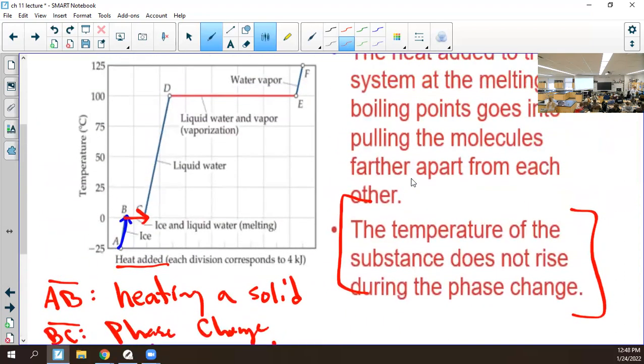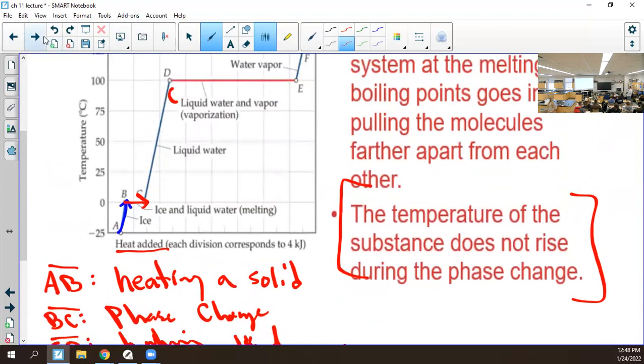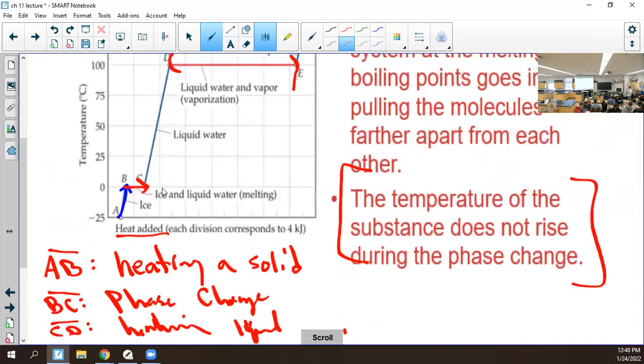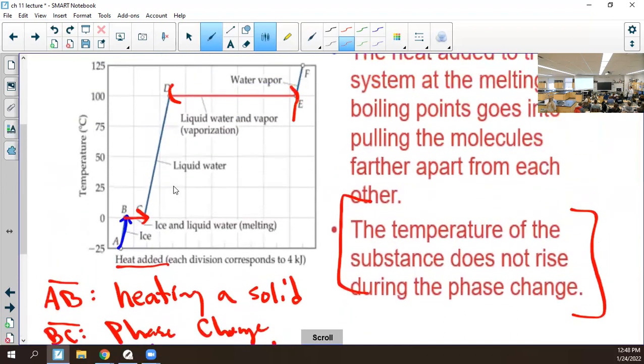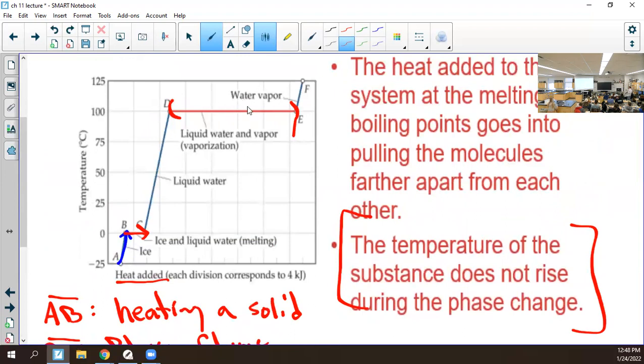So we have D to E, which is the phase change, and you must absolutely be able to explain why D to E is greater. Why is it happening? I am not touching it and it was rolling. All right, so vaporization is the breaking of all intermolecular forces between molecules.